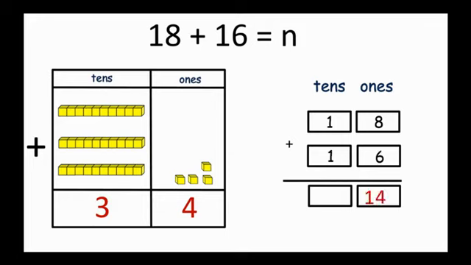But we need to regroup. So we need to put the 1 in the tens place. And then we will add 1 plus 1 equals 2. 2 plus 1 equals 3. So 18 plus 16 equals 34.